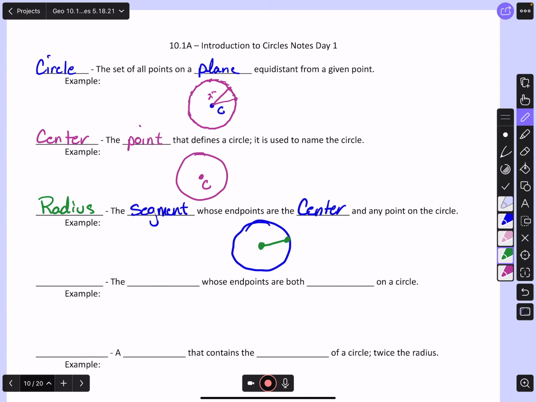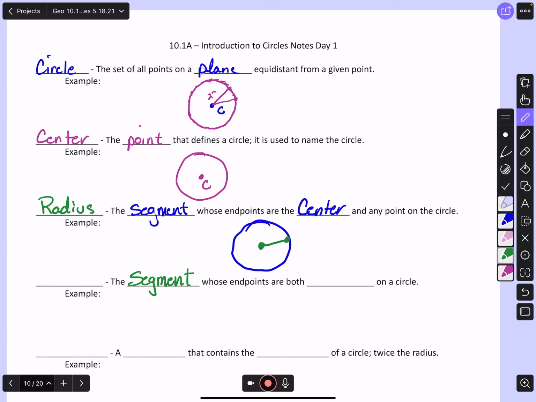The blank, whose endpoints are both blank on a circle. So this is a segment because it's got endpoints. And in this case, are both blank on the circle.